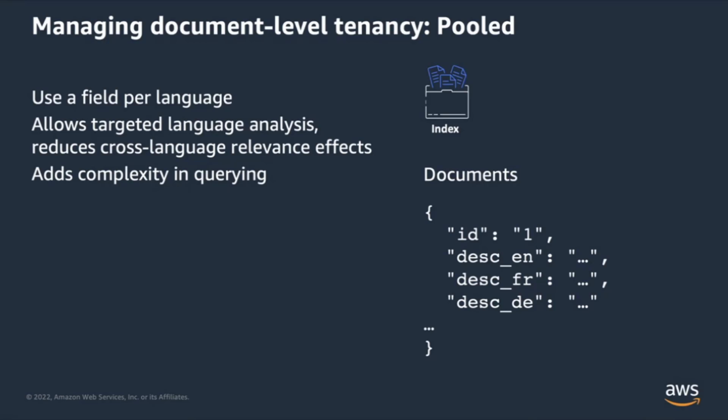It does still allow that targeted language analysis, and putting them into different fields does reduce the relevance effects between the languages. It does make it more complex to query. You need to figure out, before you send the query, which language you need to query, and which field you need to query. And it can also make your indices larger just through having to support multiple different languages.